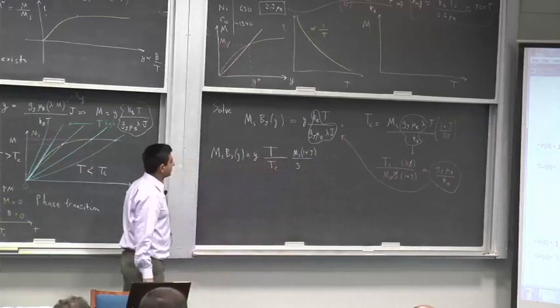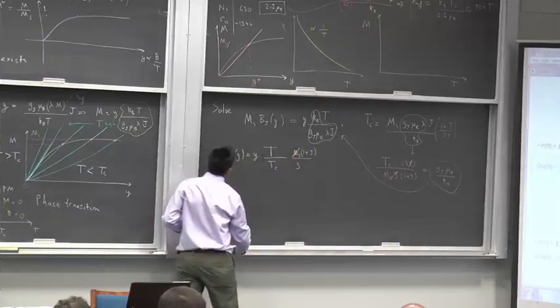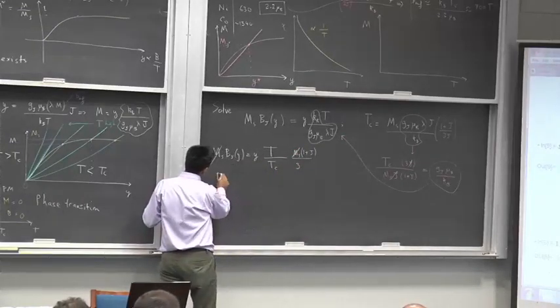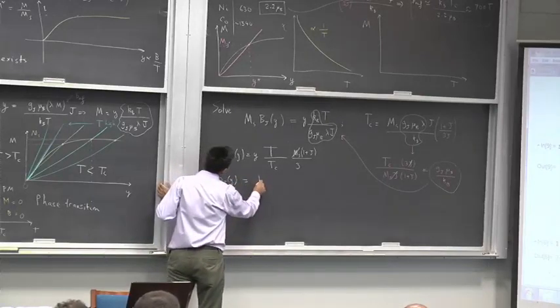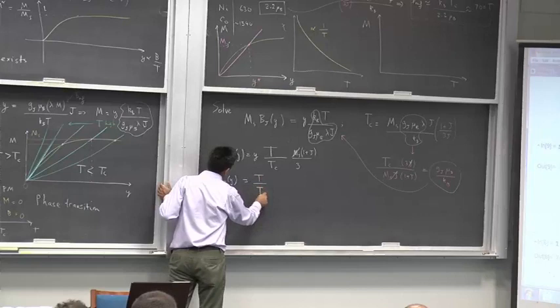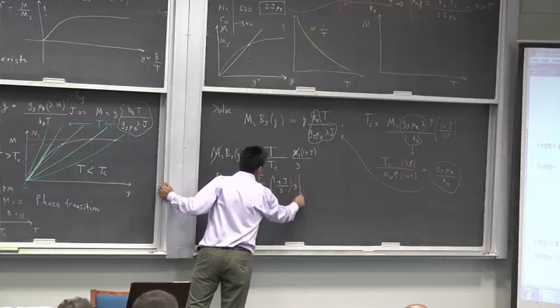Now this is my equation. This y just goes, this ms just goes away. And what I have to do, I have to solve this equation. bjy equals t over tc 1 plus j over 3 into y.